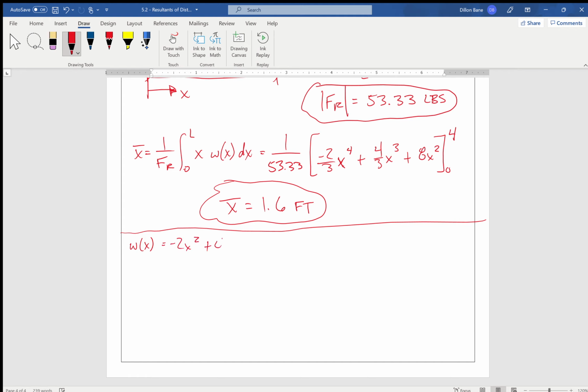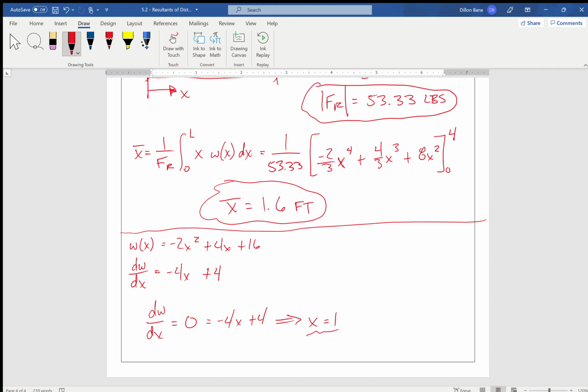If we take the derivative of W with respect to x, what we get is negative 4x plus 4, right? So I want this equation right here to equal 0. So when the slope, negative 4x plus 4, equals 0, we find that x equals 1, right?